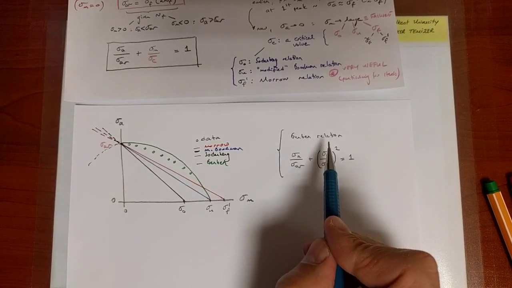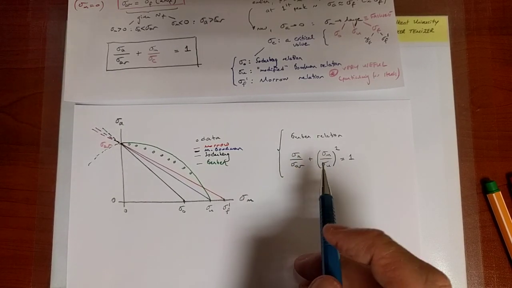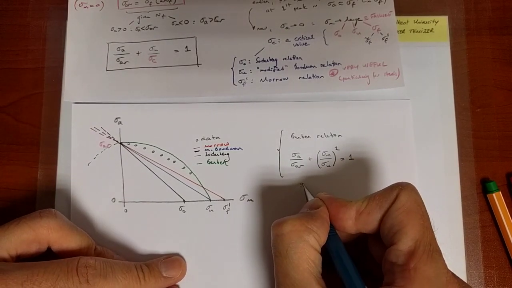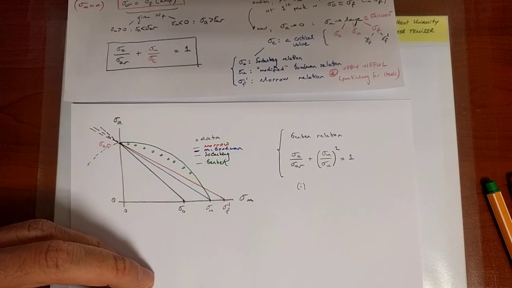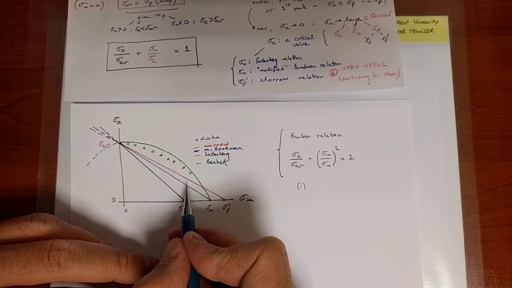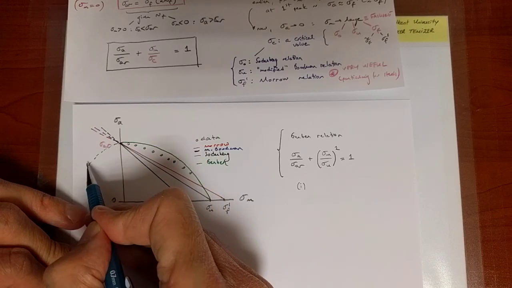Now, I'm just mentioning this, and we don't quite want to use the Gerber relation very frequently, for the following reason. First of all, it does seem to replicate the data's nature a little bit better, but it has two shortcomings. One, it incorrectly predicts the influence of the compressive stresses.